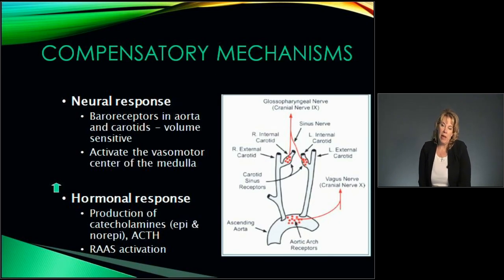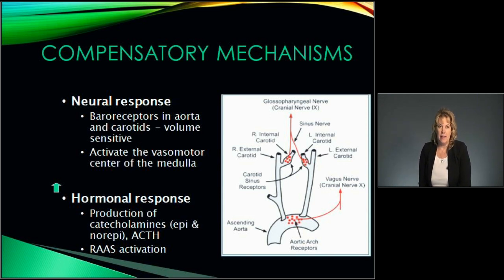So the compensatory mechanisms that we described, the neural response is that we have these baroreceptors. Baro refers to pressure. So we have these pressure receptors in the aortic arch and the carotid bodies, and they pick up on changes in our mean arterial pressure, changes in our cardiac output, and they're very volume sensitive. And so if they detect that there's a decrease in cardiac output or a decrease in circulating volume, then they will activate the vasomotor center of the medulla.